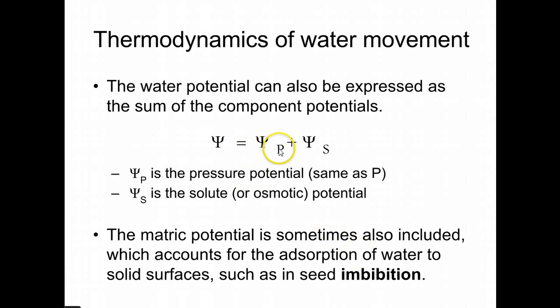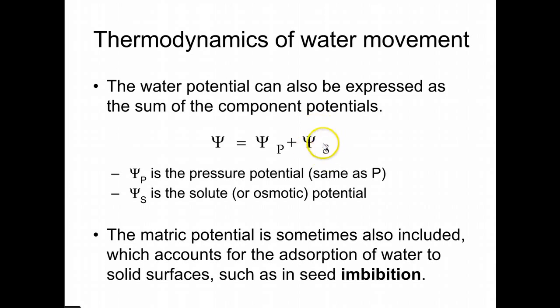So we have this pressure potential, we have this solute potential, and we have water potential. Can water potential ever be positive? No, I've told you several times it's 0 or lower. It can't be positive. So these two components, we can have a negative pressure, negative solute potential.